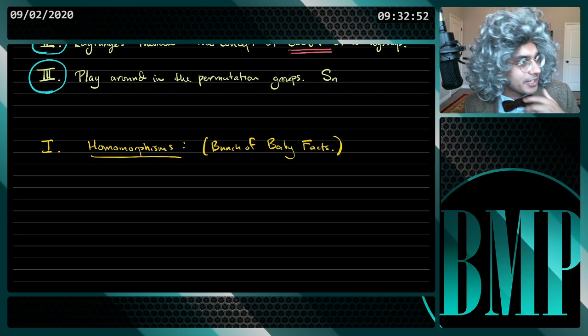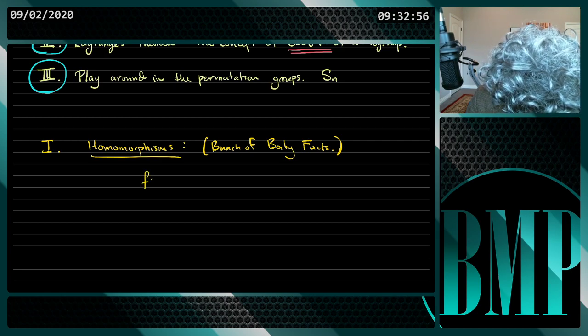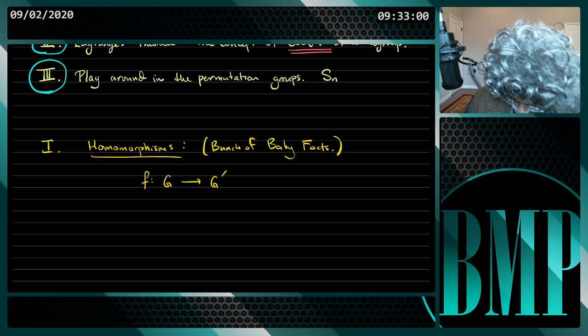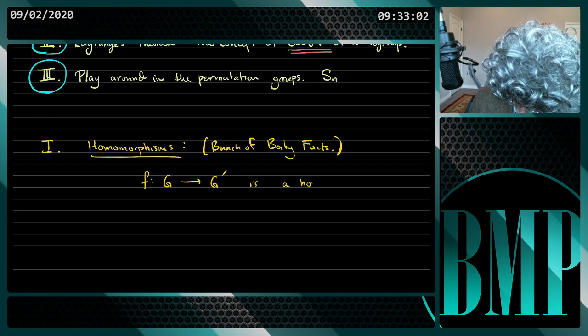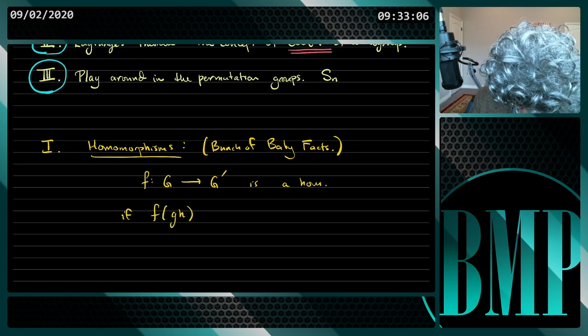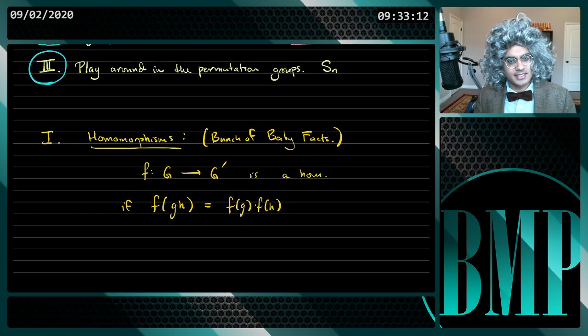So remember, the definition of a homomorphism from one group to another, G and G prime, is that it respects the group structure on both sides. All right, so we're going to write that just like this.